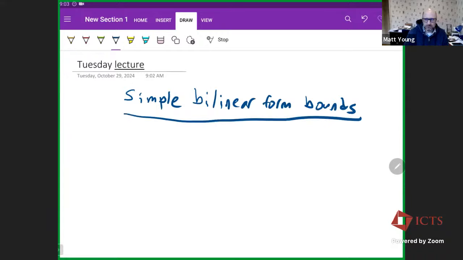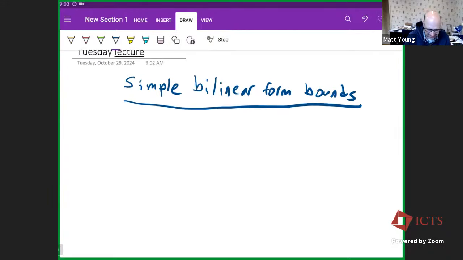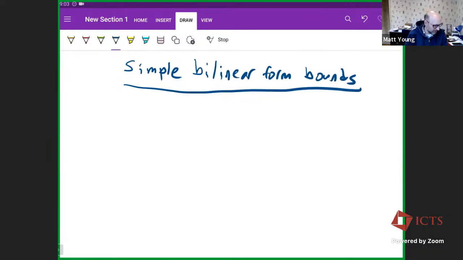There are more advanced bilinear form bounds that appear a lot in the subject, but the ones I'm presenting at this moment are pretty simple. The proofs are quite short, and there's not really any advanced ideas. But nevertheless, they're quite useful.